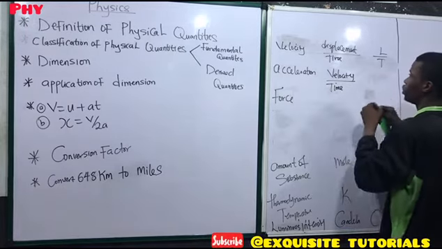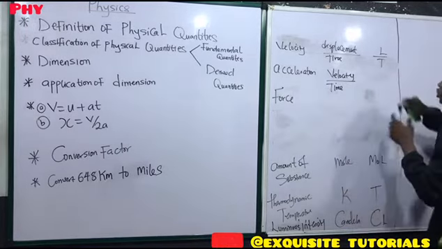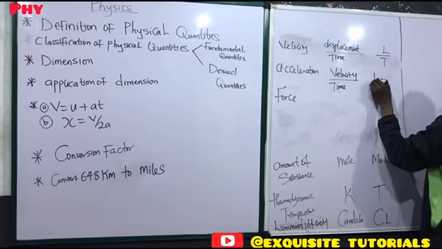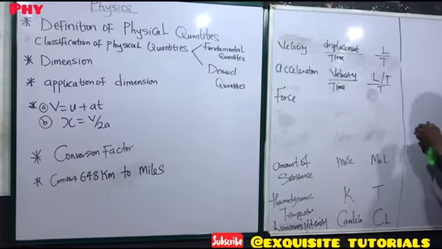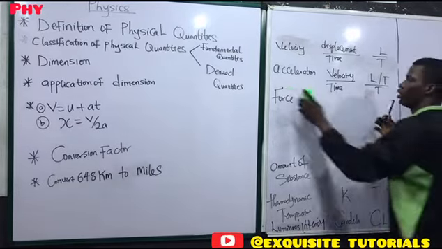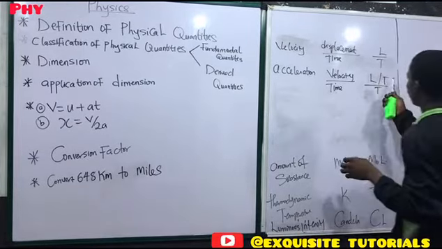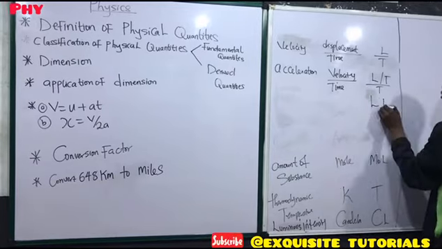And remember, we have already gotten our value for velocity here, so I can just write it here, L over T divided by T. If you go further on this, it will give you LT raised to power minus 2.